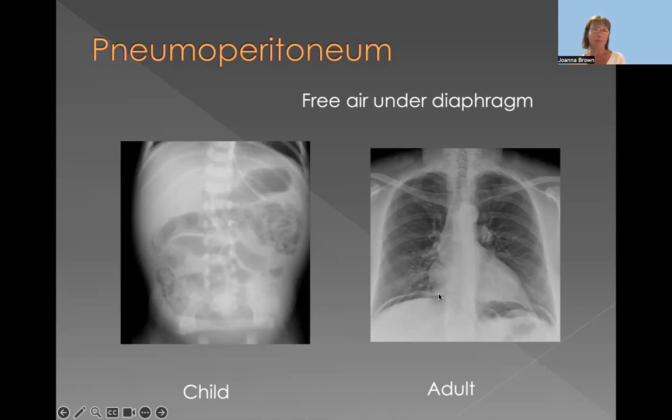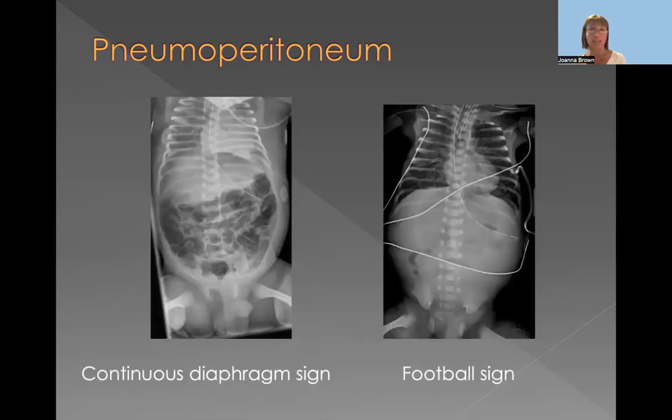However, in adults, because the muscles which come from the diaphragm and go close to the spine are much stronger, in this situation the free air in adults you will see under the domes of the diaphragm. So this is a difference between children and adults.